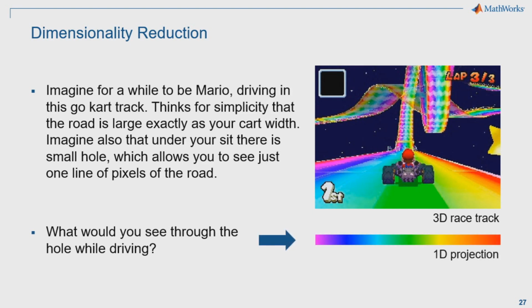So you'll probably see something like this. You will see just a rainbow, a string containing all the colors of the rainbow, because if you think that you have a small hole from which you can see all the road at the bottom of your kart, you still see the same image even though you're running on a 3D path.